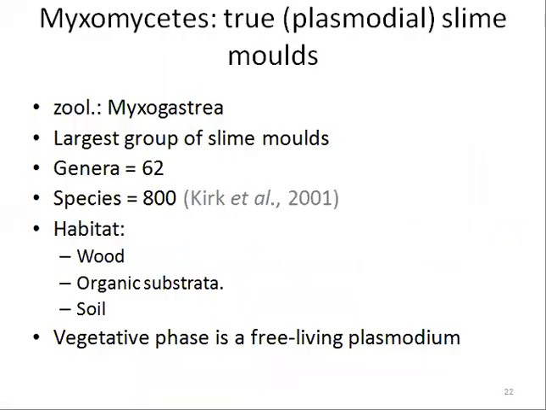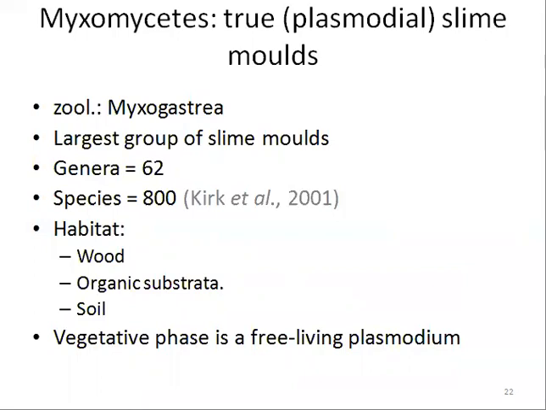The next class is the Myxomycetes. It is also called the true slime molds or plasmodial slime molds. In zoological nomenclature, they are represented by the word Myxogastria. They are the largest group of slime molds, comprising nearly 800 species belonging to 62 genera.